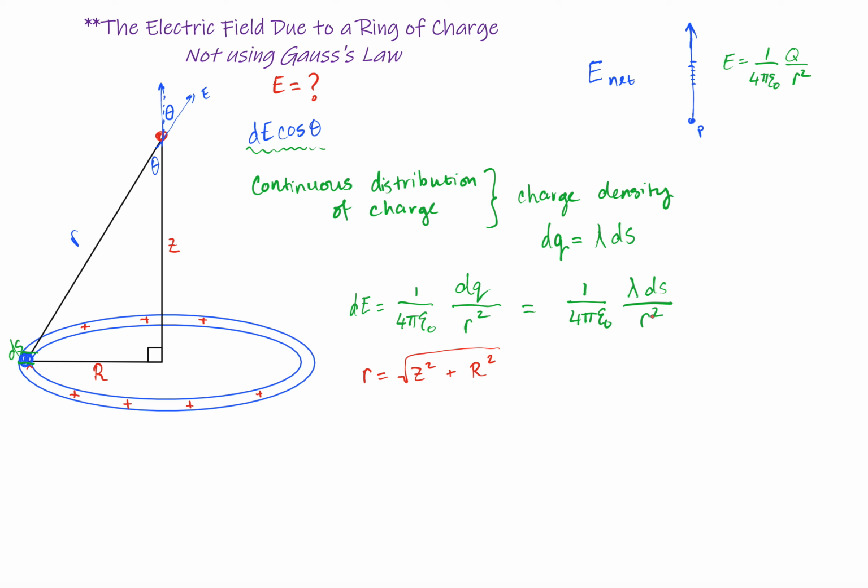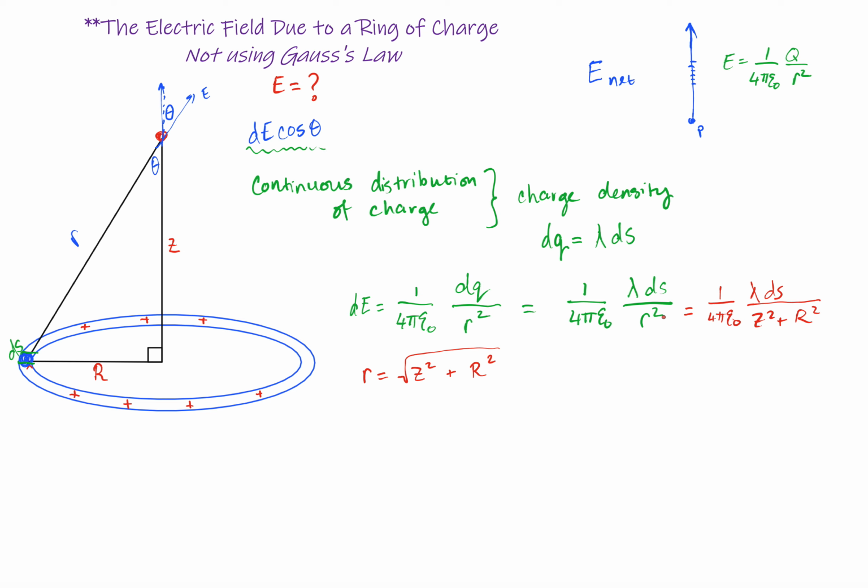And we're going to plug this expression in down here. So it's going to turn into 1 over 4 pi epsilon naught times lambda ds over z squared plus big R squared. And remember, the square root's gone because r was squared. All right, so we're at this point.